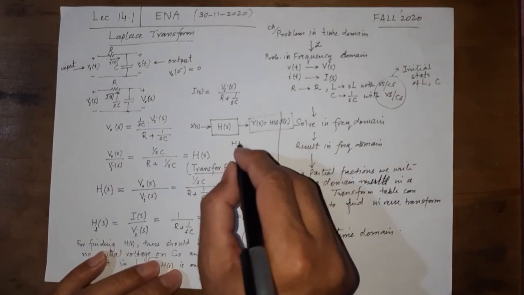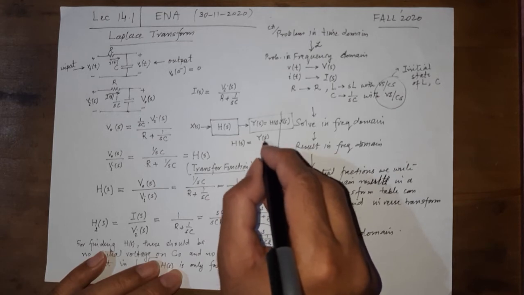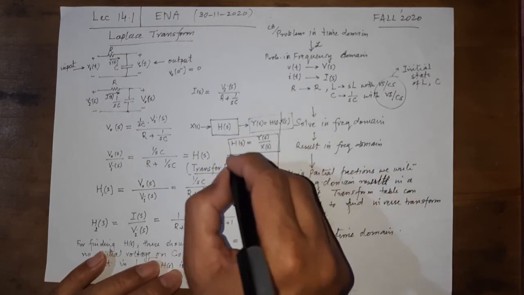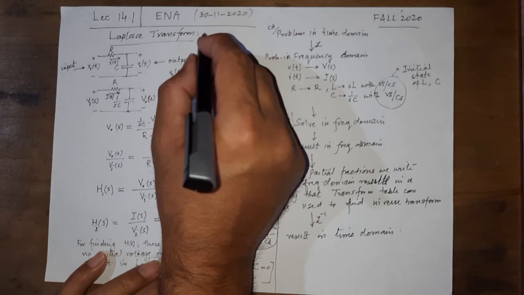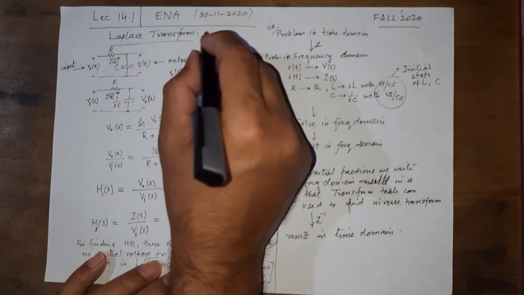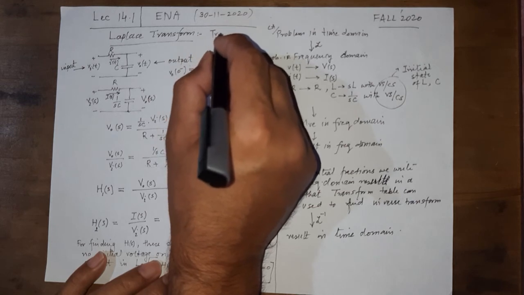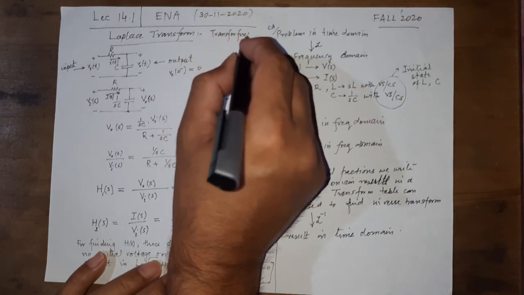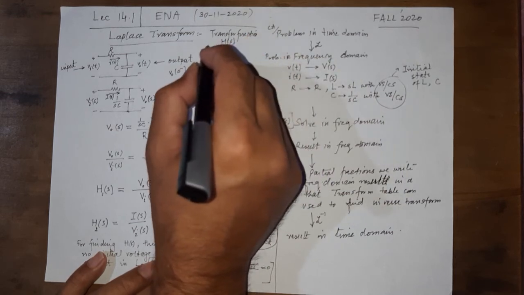In another way, the transfer function is basically the ratio of the output to the input in the frequency domain. That's it. So today, in furthering our study of solving circuits using the Laplace transform, we have learned about the transfer function H of s.